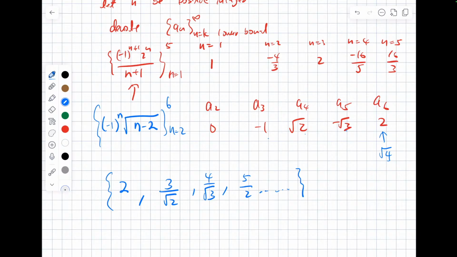What'd you get? What's the subscript? n plus 1 over square root of n. Square root of n plus 1. Good. So this is a_n equal to that.